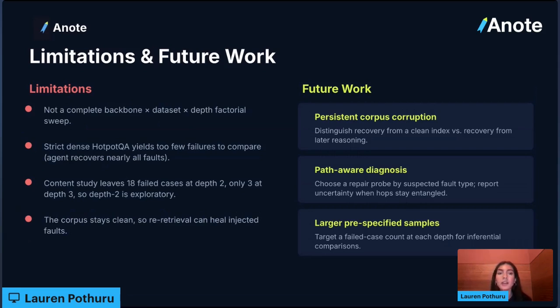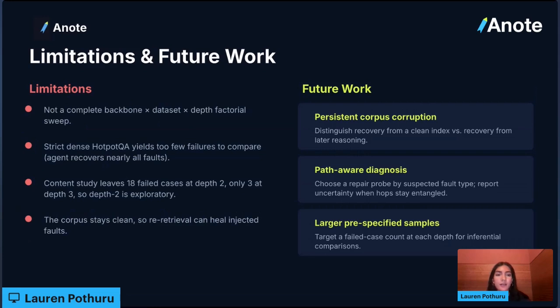Now, for future work, we'd maybe want persistent corpus corruption, so a failure that was injected into a RAG system or agentic RAG system is also reflected in the document corpus, so that it continually pulls failed documents, and seeing how the agentic RAG system responds to that.